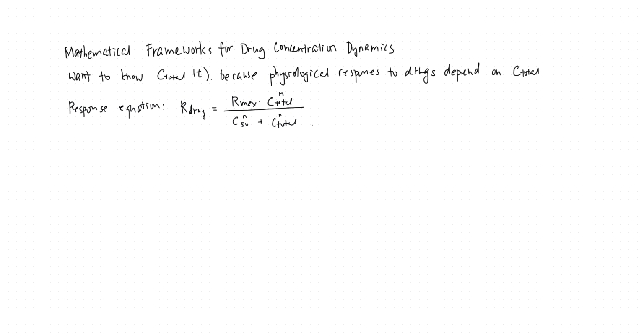Here, n is a Hill coefficient. We can also call it the Hill constant. It's the same thing. Some people like to use coefficient, some people like to use constant. It's okay.